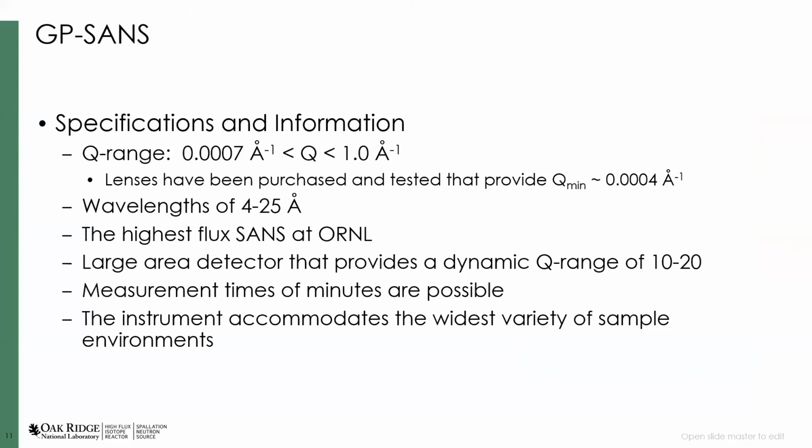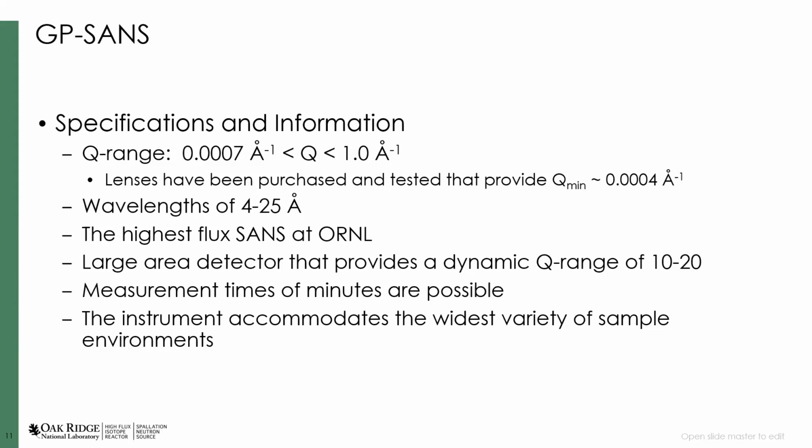So the Q range, you can get down to 0.007 inverse angstroms fairly comfortably, and the Qmax is about 1 inverse angstrom. We have some lenses that have been tested that get down to 4 times 10 to the minus 4 inverse angstroms, which is pretty respectable. The instrument uses wavelengths from 4 to about 25 angstroms.